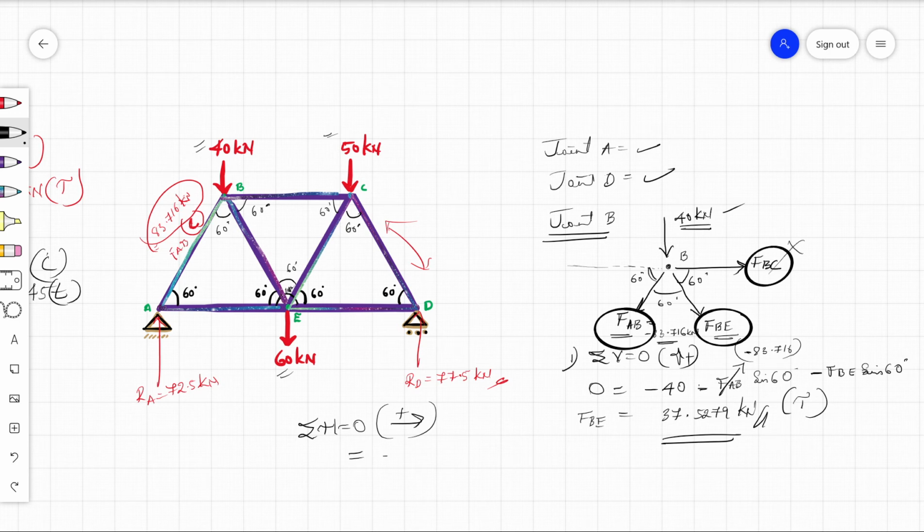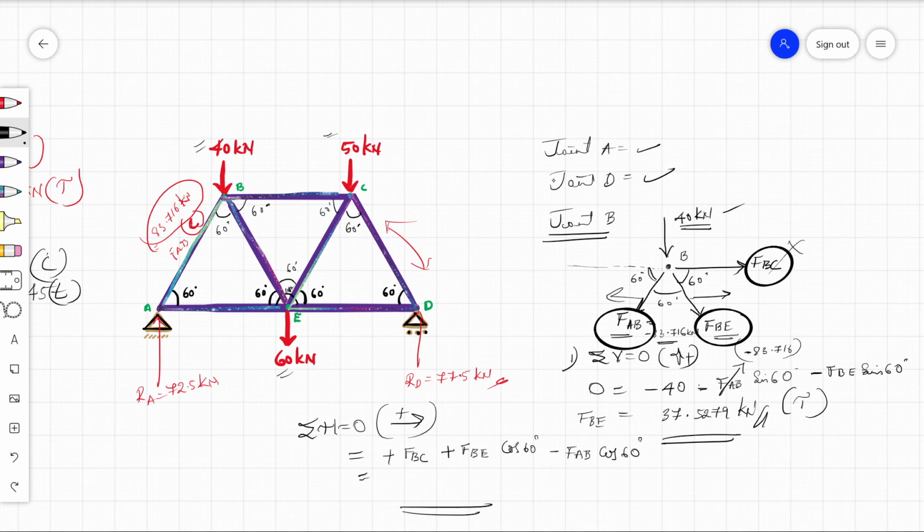First is plus FBC, then plus FBE cos 60 minus FAB cos 60 degree. This one's component is going in this direction, this one's component is going in the other direction.